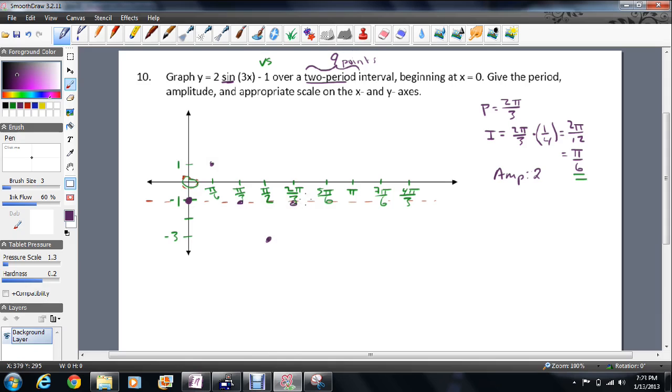Up to the center line, up to the max, down to the center line, down to the min, back up to the center line. So now we have our nice sine wave. Whoops, missed that point a little bit. It's okay. Alright, great. So now we have all 9 points. So that means 2 periods again.